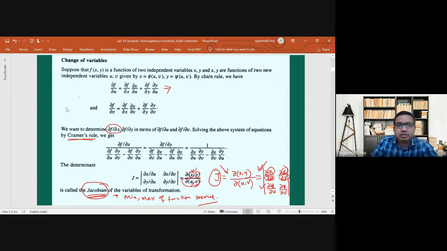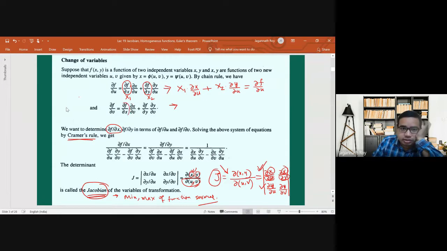Del f del x, let us call it x1, and this is x2. So what we are having here: x1 into del x del u plus x2 into del y del u equals del f del u.